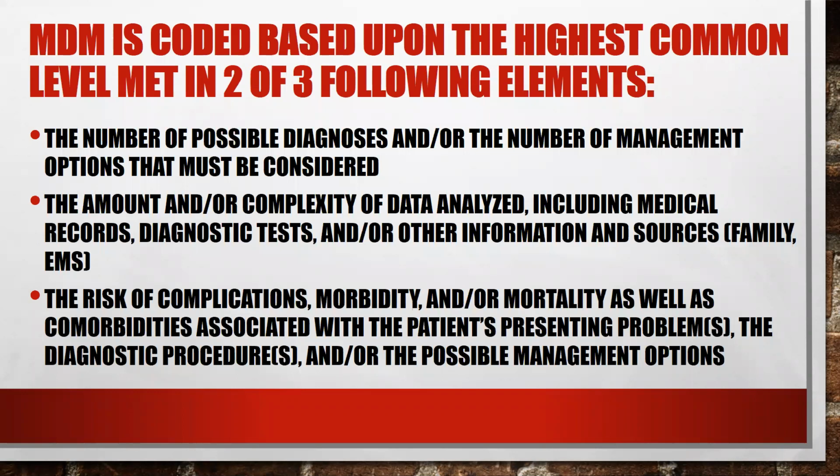The amount and/or complexity of data analyzed, including medical records, diagnostic tests, and other information and sources. So you always want to make sure you include what history you get from family or EMS. That actually increases the complexity of your MDM. And the risk of complications, morbidity, and mortality, as well as any comorbidities associated with the patient's presenting problems, the diagnostic procedures, and again, the management options.